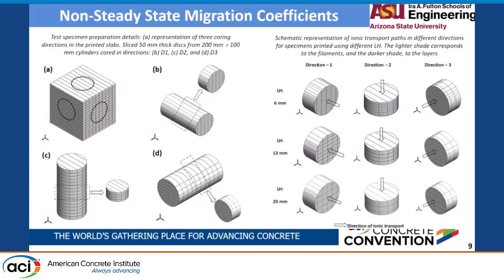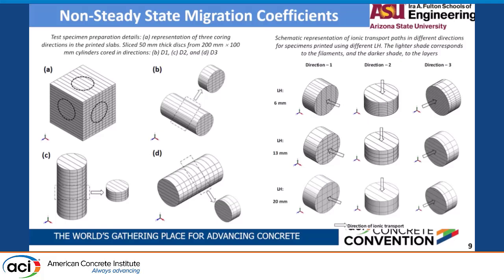Now, after the strength characterization, we wanted to characterize the durability properties also, for which we used a non-steady state migration test. In this test, the samples are extracted from slabs with, again, 6, 13, and 20 mm layer height printed samples. This is a representative sample extraction process from a 20 mm sample slab.